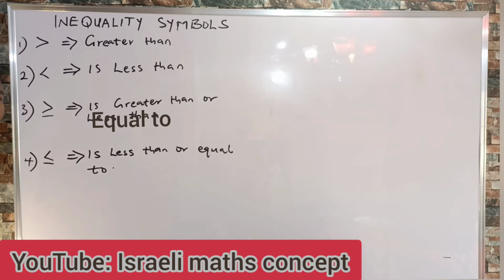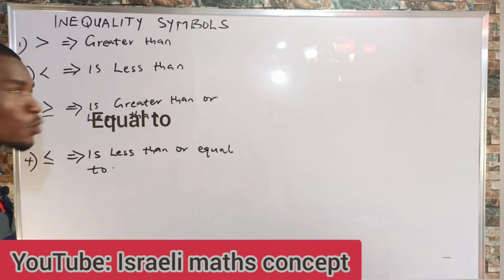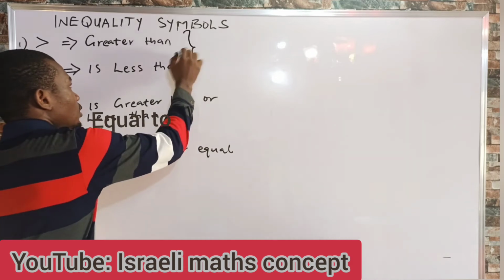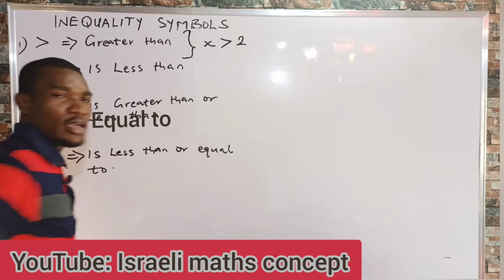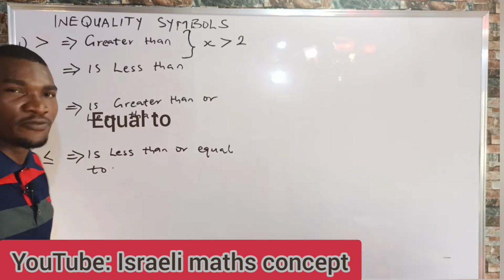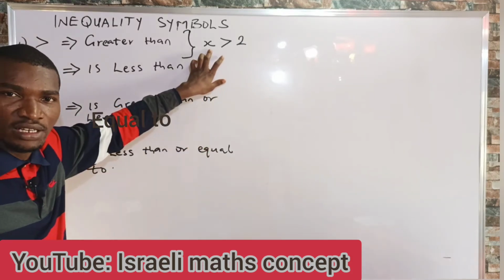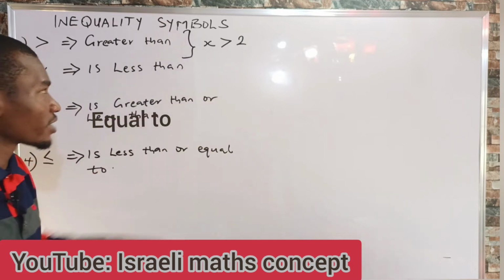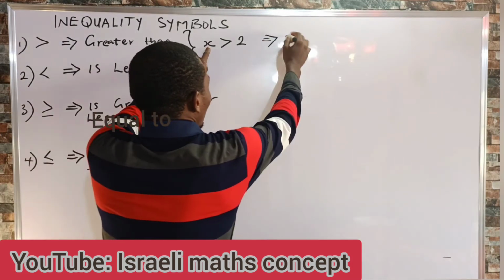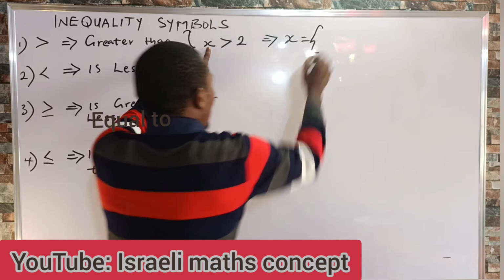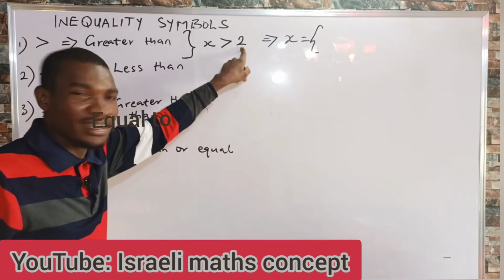The first inequality symbol we have here is greater than. Assuming you are given a question of this form, that x is greater than 2, and you are asked to find the range of values of x. It's very simple. This implies that the range of values of x will be numbers that are greater than 2.